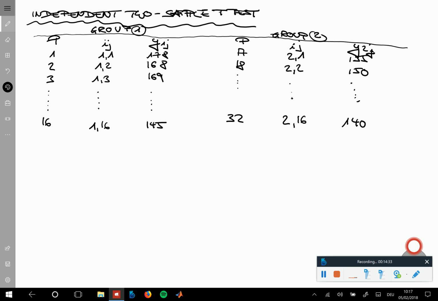We have indexed each participant in each group in this column as reflecting the group membership with the first index and the number of the participant with the second index. And we have then collected their data in these two columns.